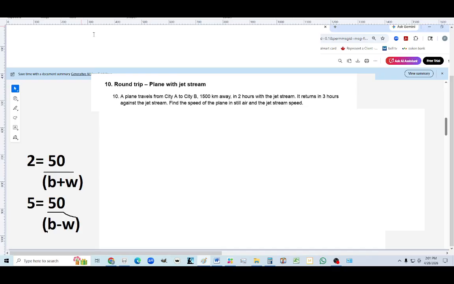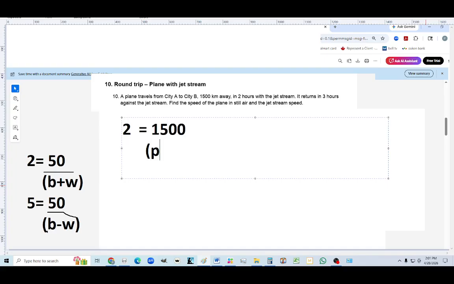Okay, city A to B. This might be different. So it's 1,500 kilometers, 2 hours with the jet stream, returns in 3 hours against the... No, it's the same. The shorter time is the distance divided by the plane plus the wind, also known as the jet stream. The longer time is the same distance divided by the plane minus w. Get rid of the denominators.